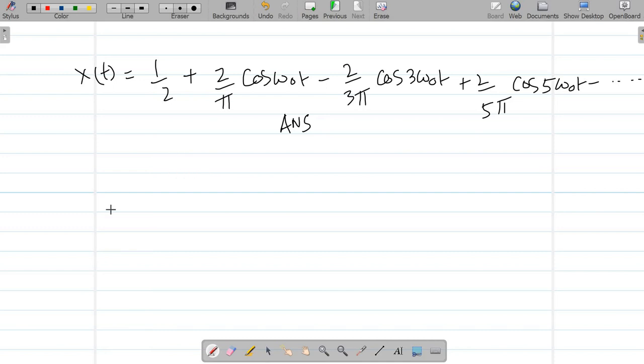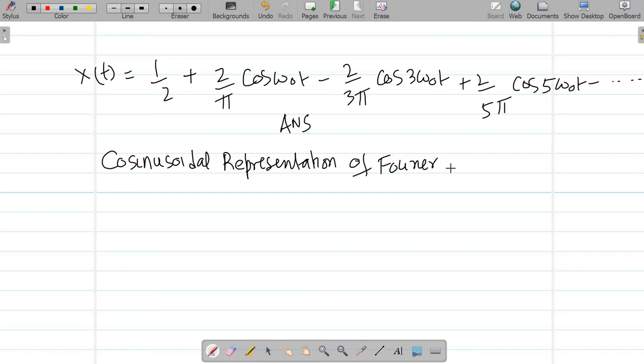So what is meant by a cosinusoidal representation?